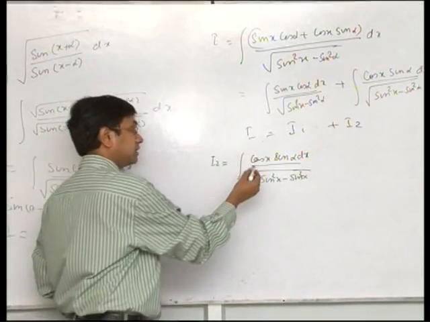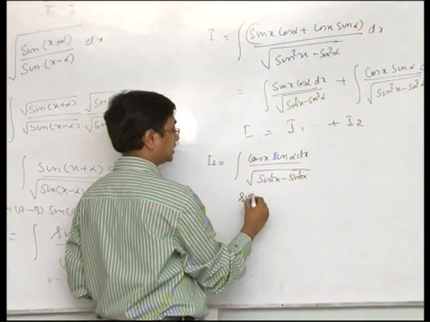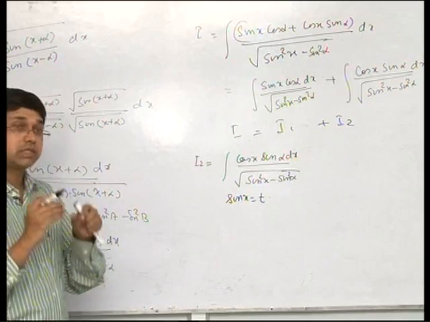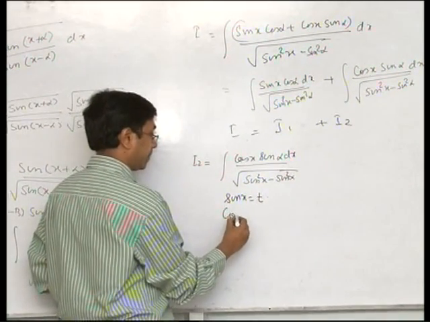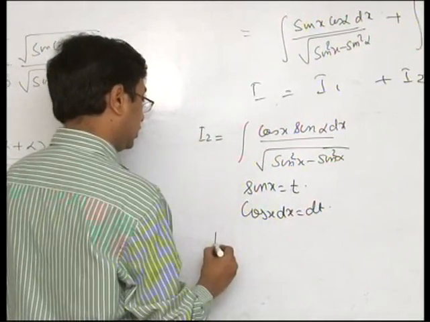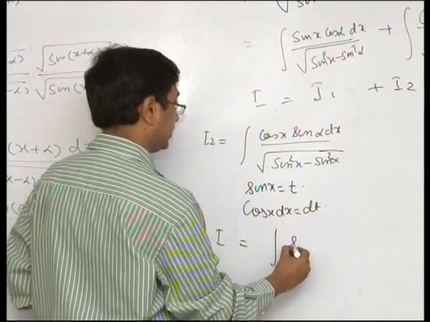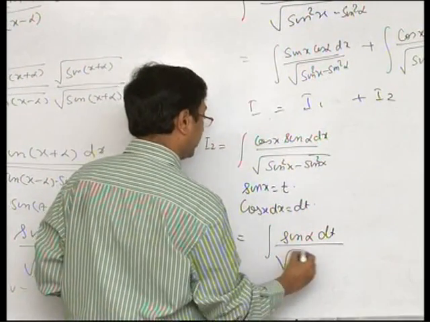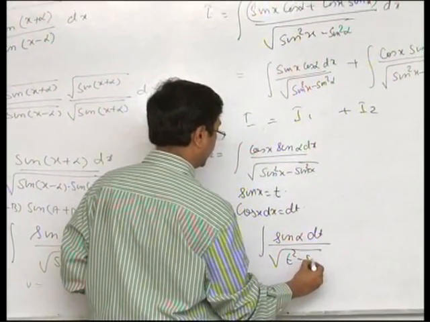Now cos x is here and we have sin x, so it suggests that sin x should be put equal to t. When we put sin x equal to t, what do we get? Cos x dx is equal to dt. So what am I left with? I am left with sin alpha dt, and here you will simply have t square minus sin square alpha.